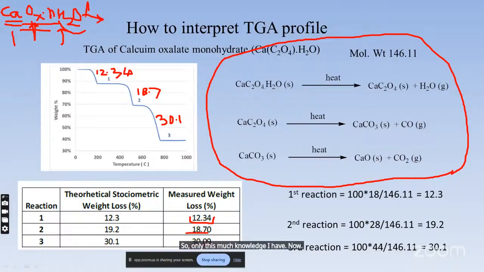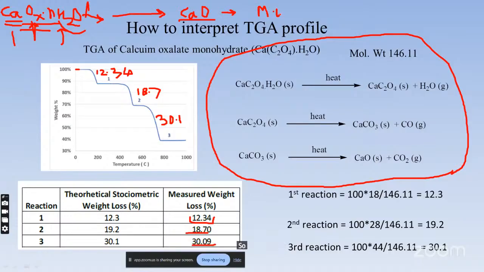Now what I have to do is first understand that when I heat any calcium compound having oxalate as a ligand, at last what will I get? Heating is nothing but an oxidation process. If your sample has oxygen, at last we will get a metal oxide. Now it is our duty to find out the molecular weight of this calcium oxide.